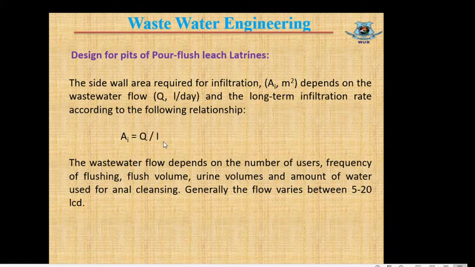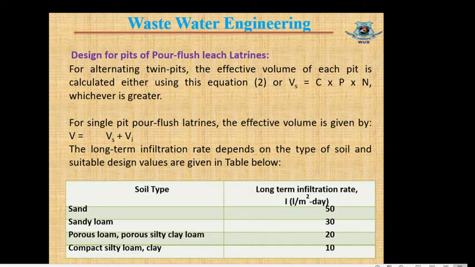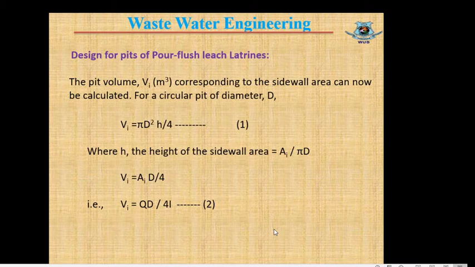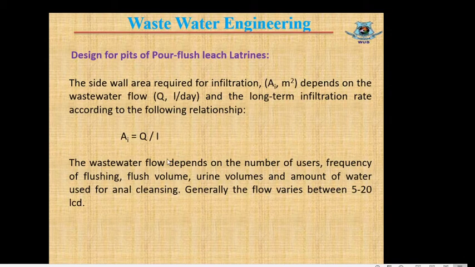This table represents the value of long term infiltration rate I, and it depends on soil type. For sandy soil, the value of I will be 50, and similarly for other types of soil, the values of I are represented here. So we can easily calculate the AI value using this equation.